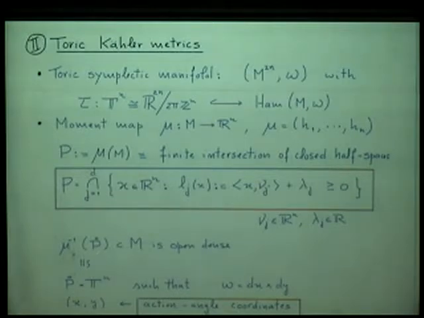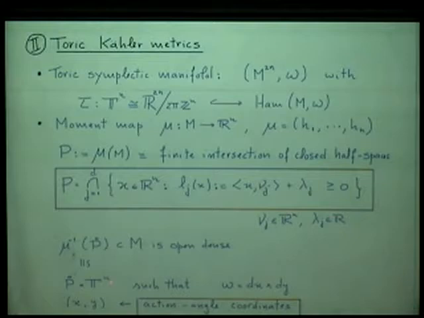Now, it turns out that the pre-image of the interior of the image of the moment map corresponds exactly to the points where the torus action is free on our symplectic manifold. Globally, that part of your manifold M is open and dense and can be expressed as the interior of the polytope times the torus, because the action is free across the orbits.